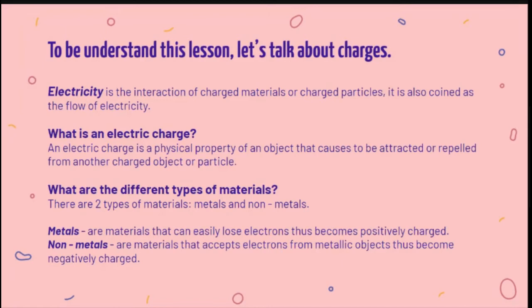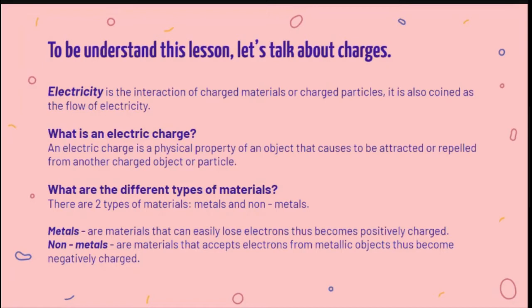If an electric charge is a physical property of an object, then what particular objects do we need to consider? Now, there are two kinds of materials that we use in studying electricity. One is the metal, and the other one is the non-metal. So what are metals and what are non-metals? Of course, metals are solid objects primarily, and non-metals are not so solid, right?